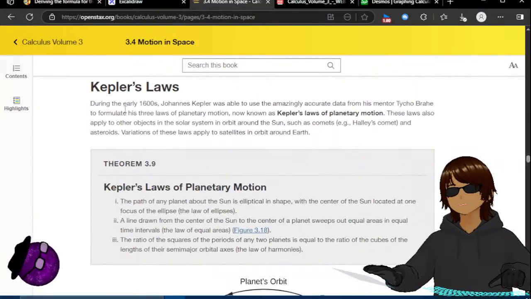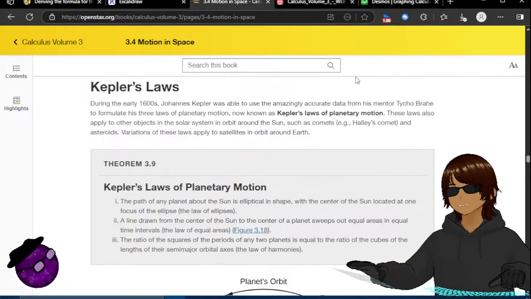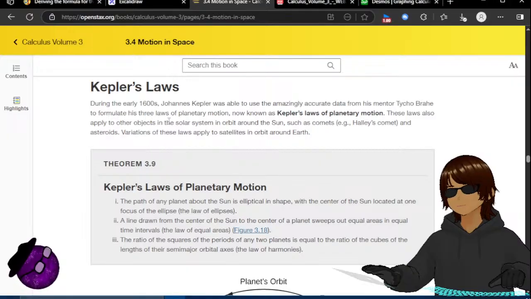During the early 1600s, Johannes Kepler was able to use amazingly accurate data from his mentor Tycho Brahe to formulate his three laws of planetary motion, now known as Kepler's laws of planetary motion. These laws also apply to other objects in orbit around the sun, such as comets and asteroids.